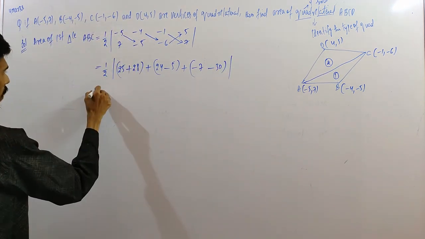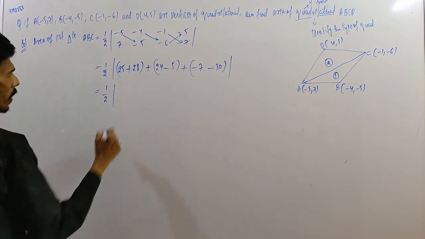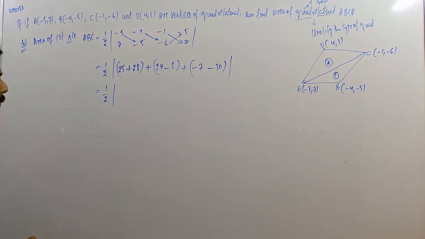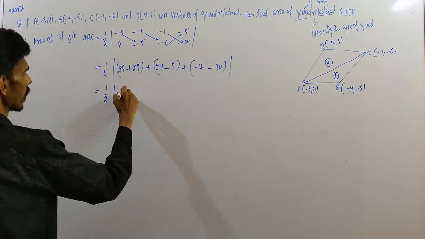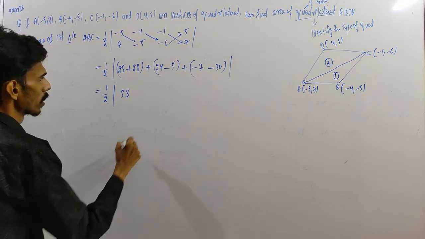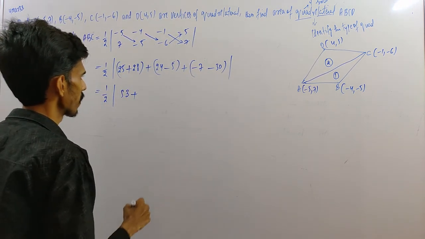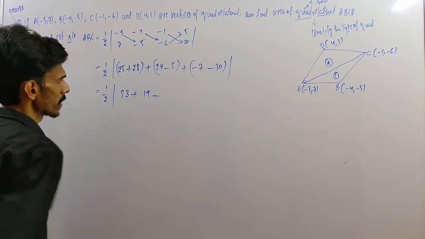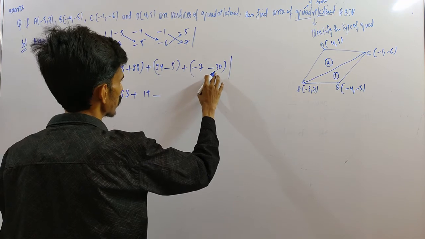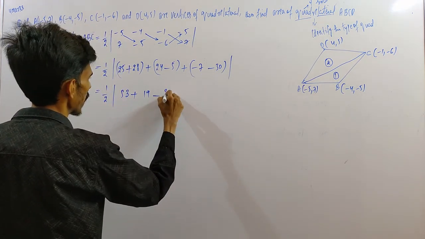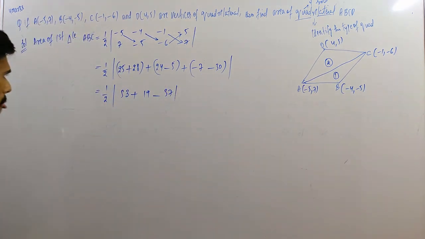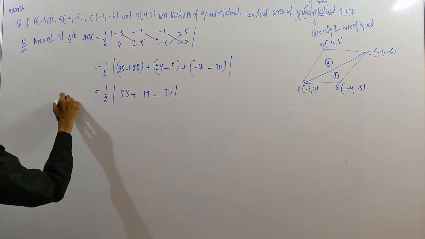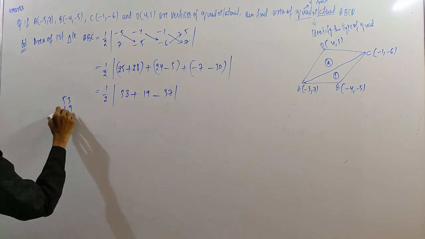Under mod, we have 1/2 mod 25 plus 28, that is 53, plus 24 minus 5, we have 19, plus into minus we have minus 37. Now add this 53, 19.